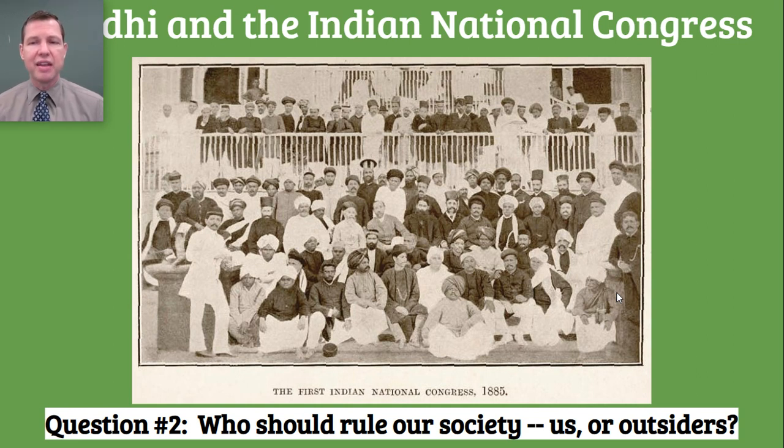Others believed that India could continue to be part of the British Empire and enjoy what benefits that entailed to India, but all that they were demanding was for Indians to play a greater role in governing themselves. So what did that mean? Well, you got to sort that out, right? So the Indian National Congress was divided. Again, some insisting on independence, others not, simply greater role in governing themselves.